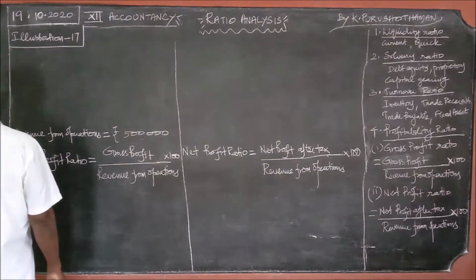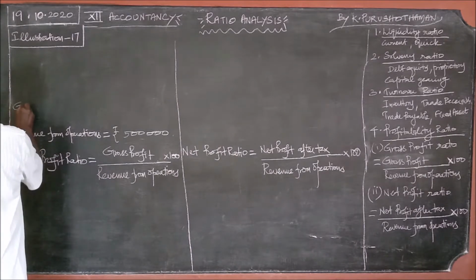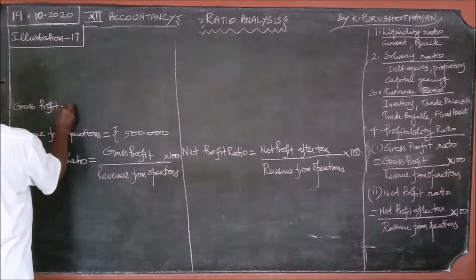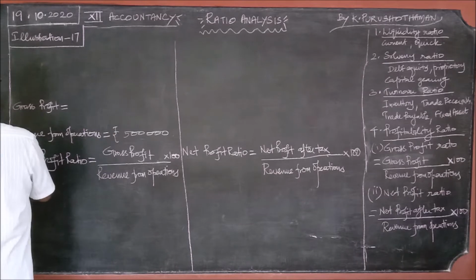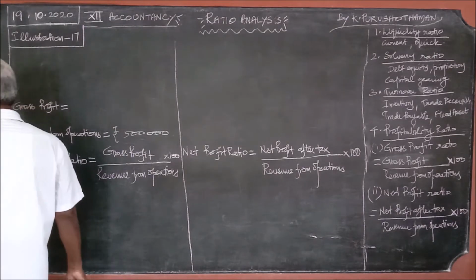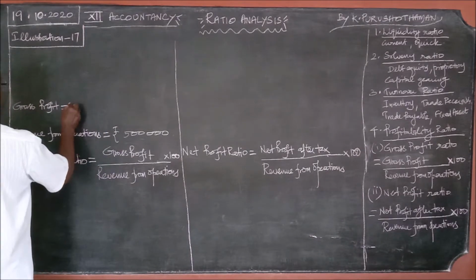What about the numerator? Numerator is the gross profit. How to find the gross profit? It is a different problem, listen carefully.